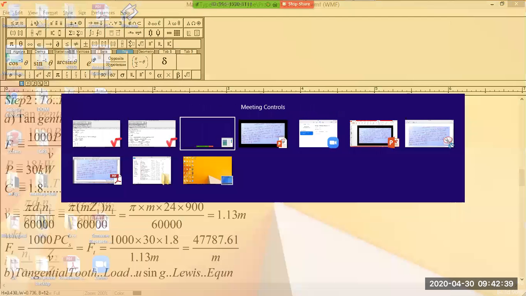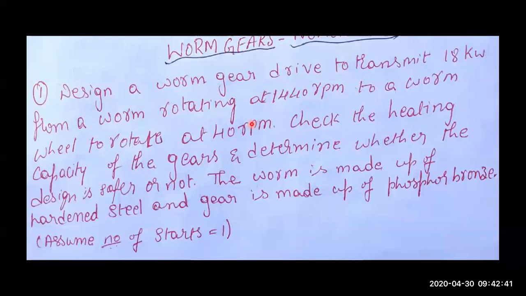You can see in this question, the worm is rotating at 1400 rpm, and the worm wheel is rotating at 40 rpm.